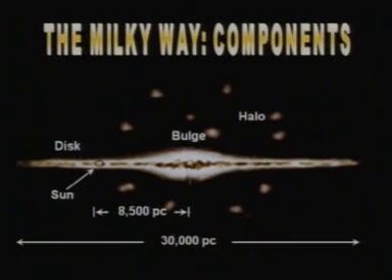This is how our galaxy appears to us, and you can see the dark line running through the galaxy. This dark line is the plane of the galaxy.